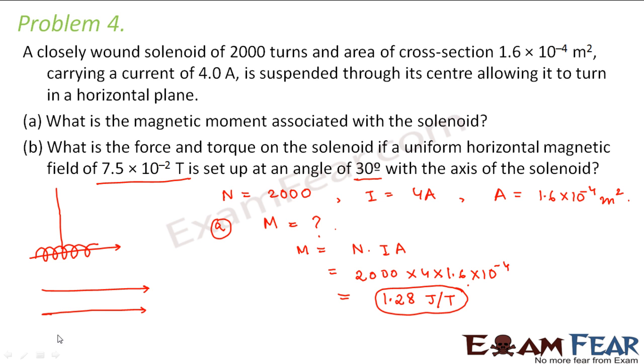Let us suppose this is the magnetic field B, such that it makes an angle of 30 degrees with the axis of the solenoid, somewhat like this. So what would be the force and the torque acting on the solenoid?